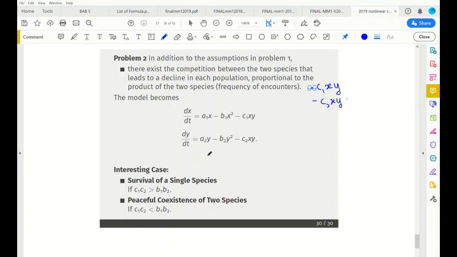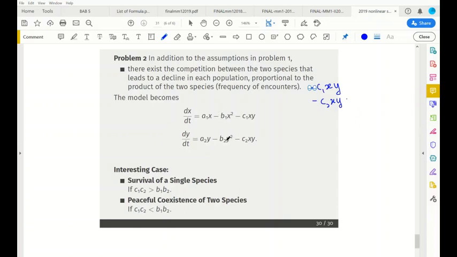I would say that this is actually the most general one for the problem of population related with nonlinear systems. If you begin with this form of equation, you understand each term here. The first term is the growth of each population or species at a natural rate.